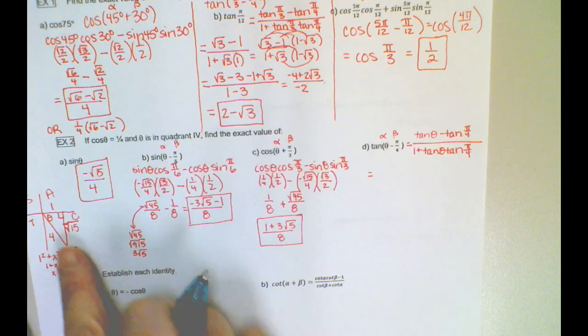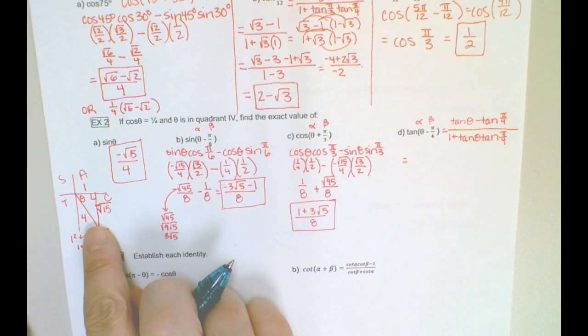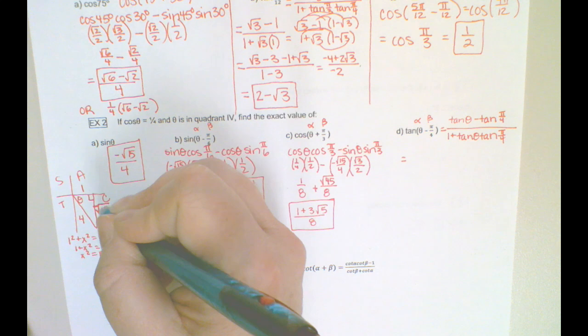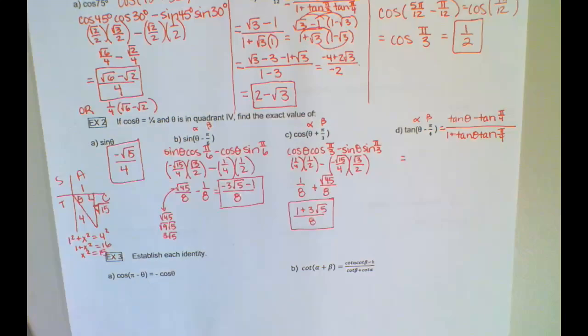So we haven't done tangent yet, so I need to look back over at my triangle. Remember, tangent is opposite over adjacent. So that'd be negative radical 15 over 1. So just negative radical 15 is the tangent of theta.